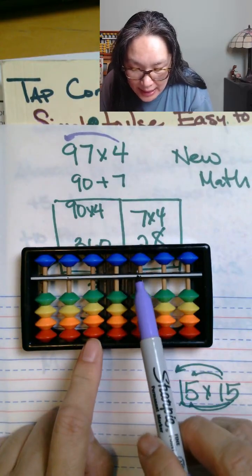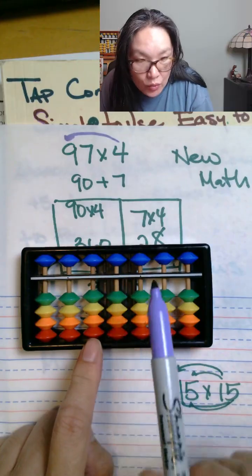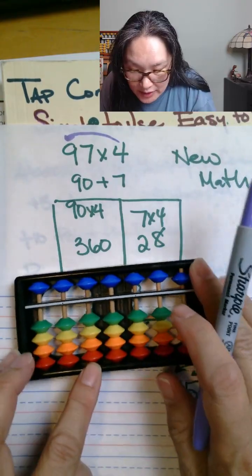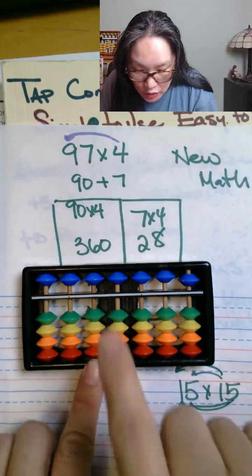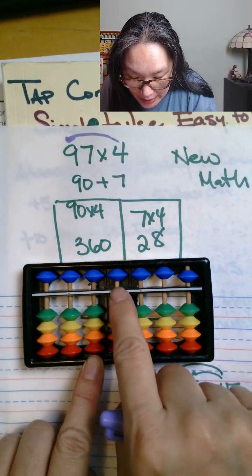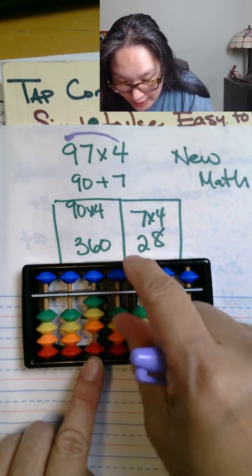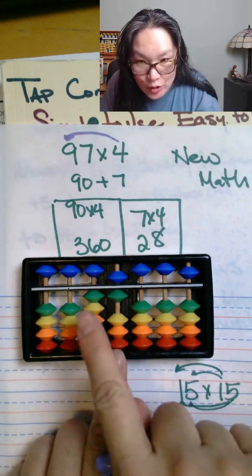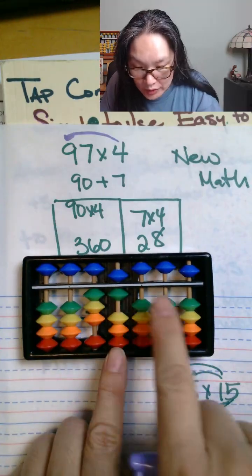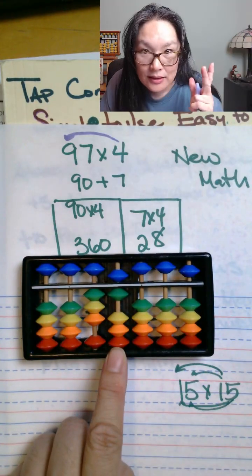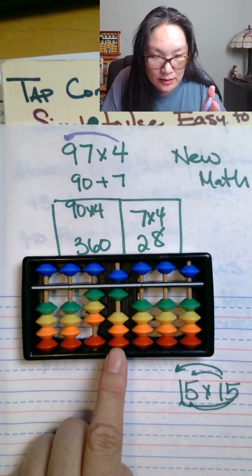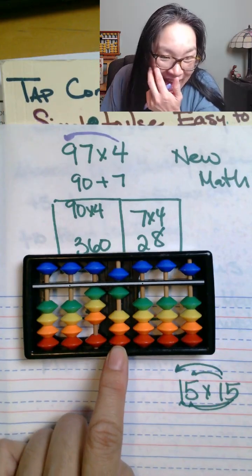We don't need to track that it's 90, we just track that it's 9 times 4. Notice when I do the Abacus, it already tracks it for me. I add the 30 and I add the 6, and I move my finger to keep track of where I'm going. Does that make sense? This is new math, but this is Abacus math. I'm so cool.